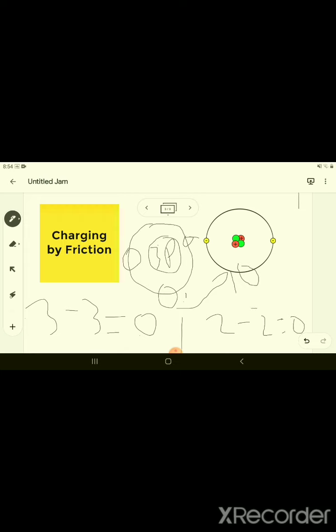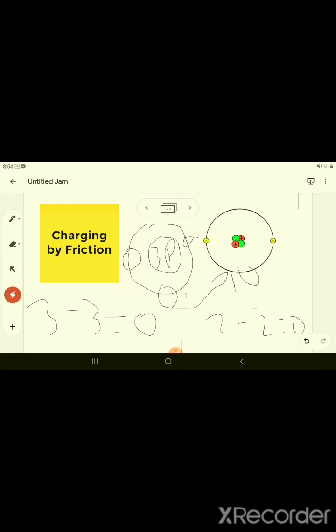So let's say that this electron right here moves over and is transferred, and it doesn't really attach to the atom per se, but it's hovering somewhere around the surface. So it moves and it comes over here.